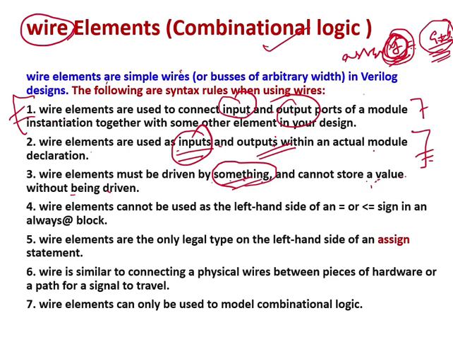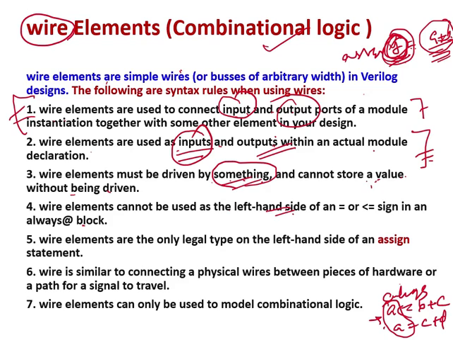Okay, then wire elements cannot be used on the left hand side inside an always block. For example, if inside an always block you write a equal to b plus c, or a equal to c plus d, this left hand side cannot be a wire.